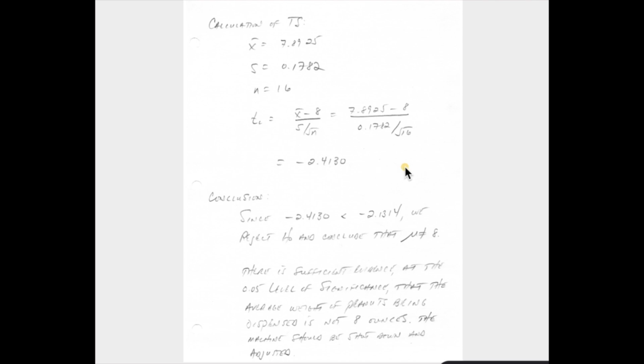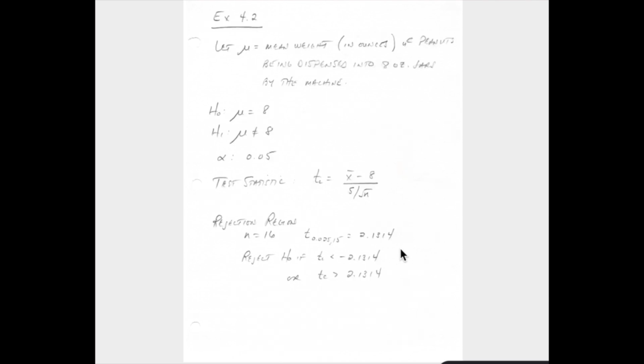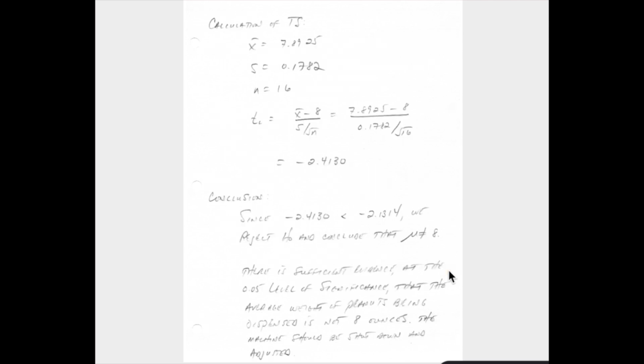And we check to see whether either of these two rejection criteria are satisfied. And since negative 2.4130 is strictly less than negative 2.1314, we would reject the null hypothesis and therefore conclude that the population mean is not equal to 8 ounces.